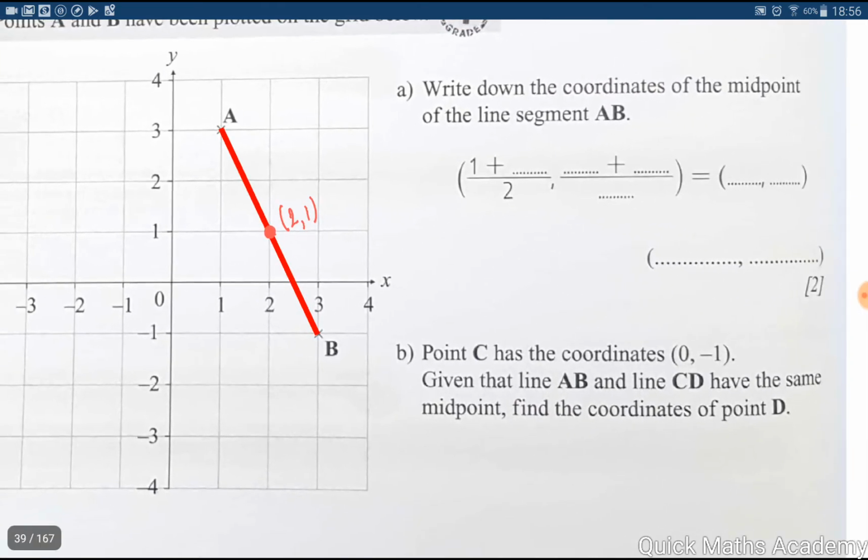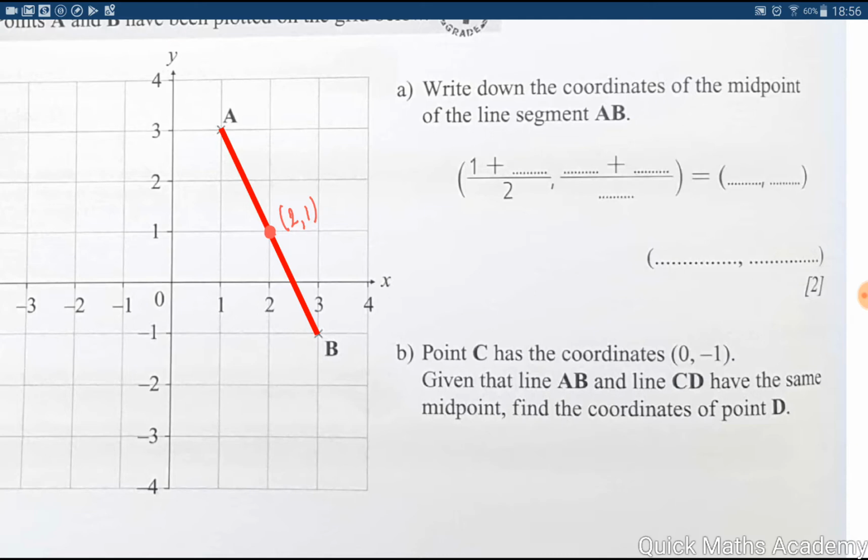But there is a strategy for when it's not that obvious what the midpoint is, and the strategy is this: we sum up the x's of each point, and we sum up the y's of each point, and then that will result in a new x, y, which will be my midpoint.